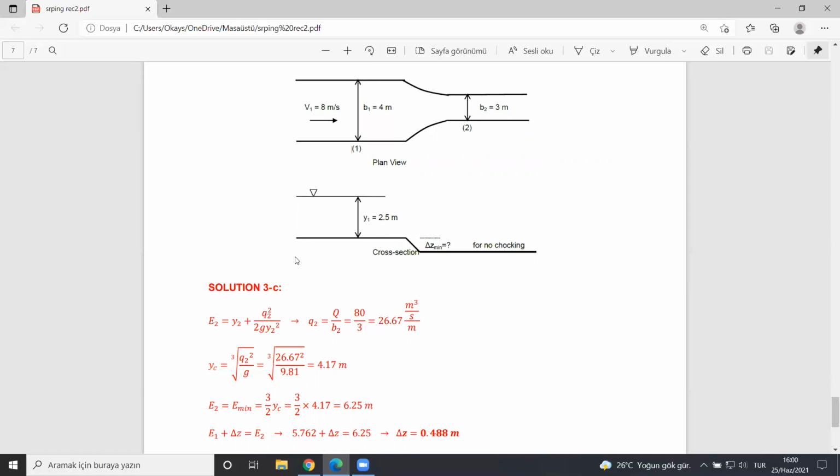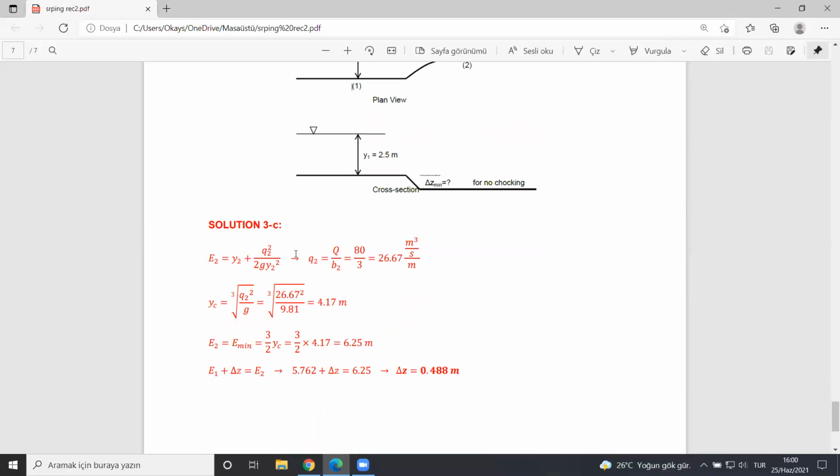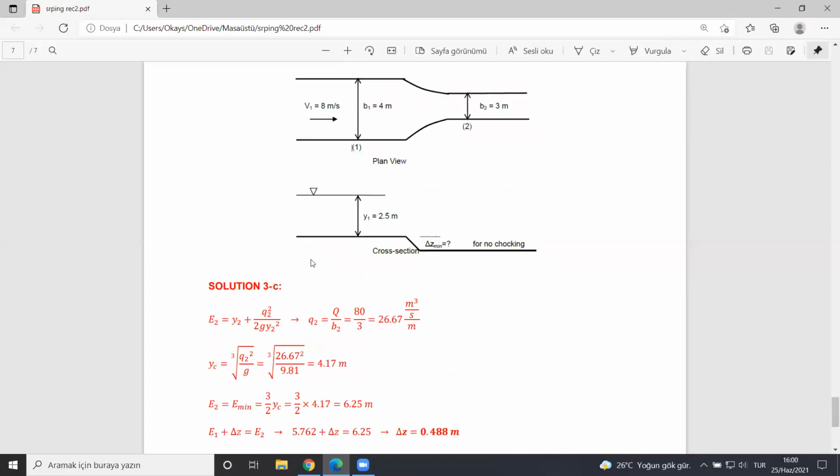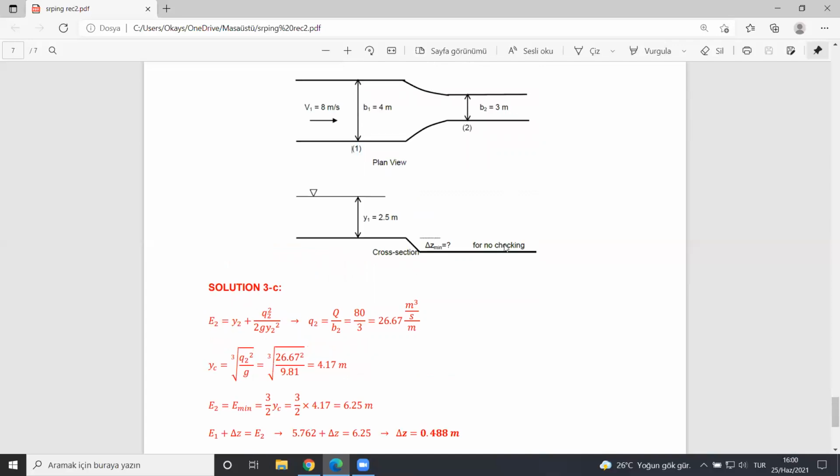For the energy, actually, we can also use y critical, because we don't know what the flow depth is here. And since, again, we are dealing with the minimums, we can use critical energy equations instead of using this equation to calculate energy.